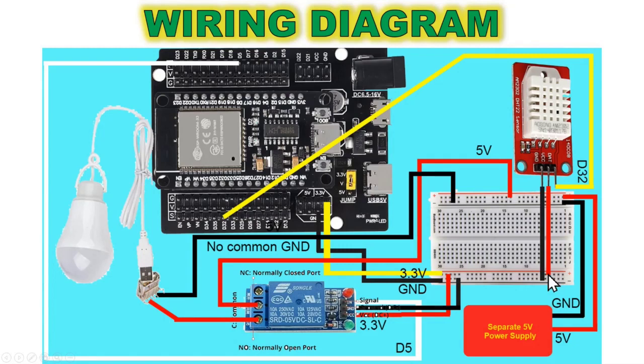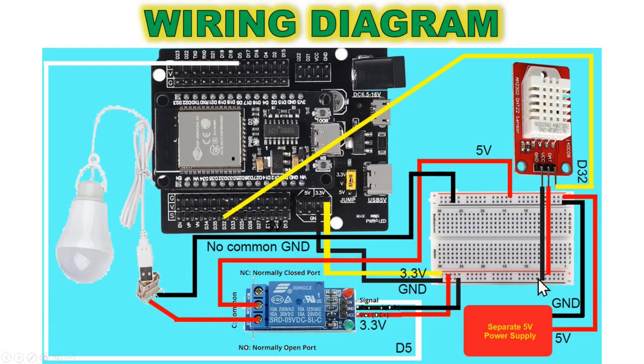We learned previously that the DHT22 module has a power acceptable range between 3.3 volts to 5 volts. The ground pin of the DHT22 module is connected to the negative rail of the small breadboard.